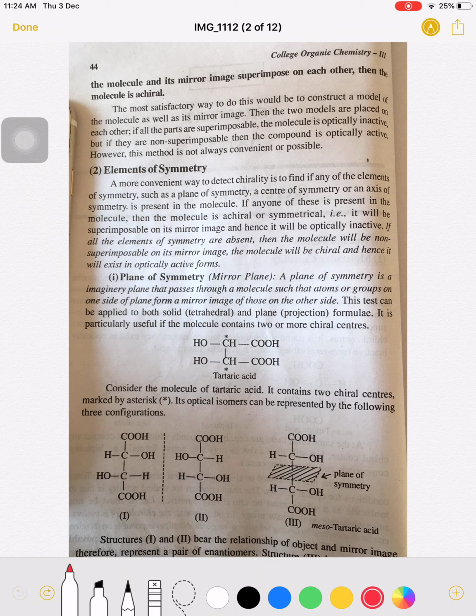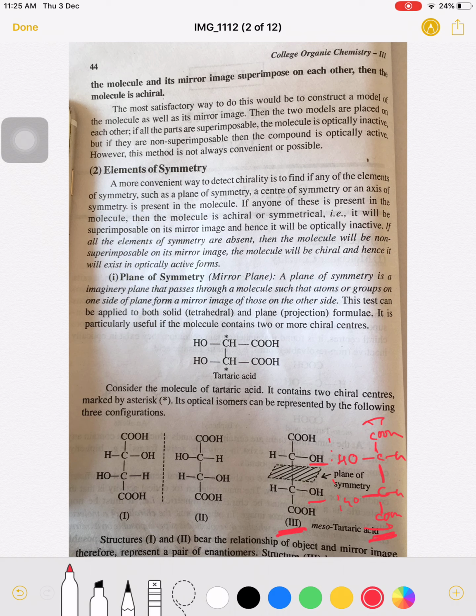Now see the third molecule, that is, the OH and OH on the right hand side. If I draw the mirror image of this molecule, suppose OH, H, COOH, OH, H, COOH, and I rotate this molecule by 180 degrees, then the structure of this molecule is similar to Roman third.